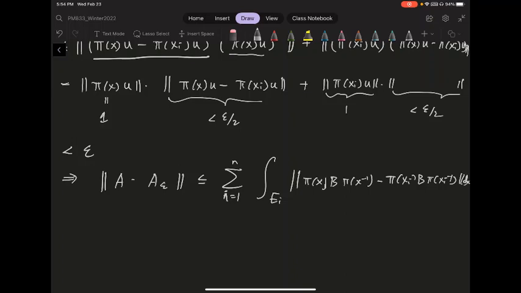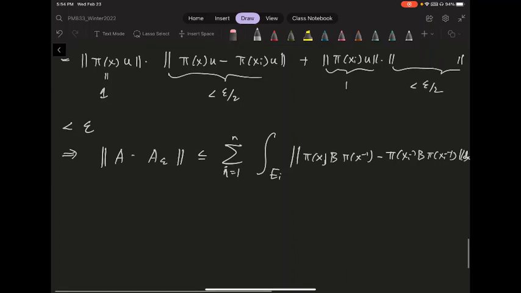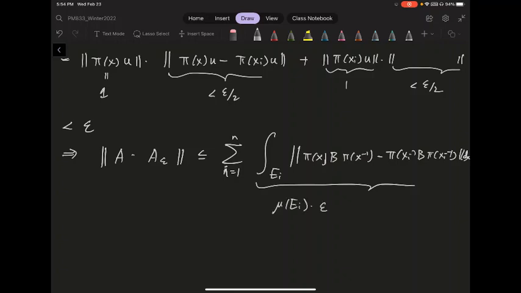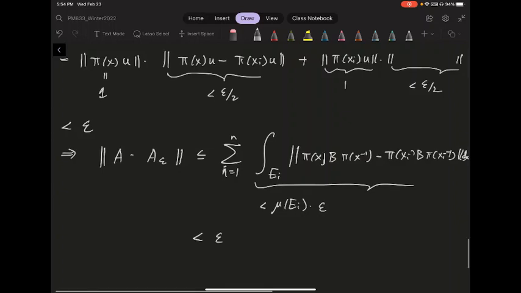And each of these operators has norm less than or equal to epsilon, and if we normalize G so that the left Haar measure is equal to 1, then you just integrate. So each one of these is essentially just equal to μ(E_i) times epsilon, less than that. And you sum them up, it's going to be less than epsilon. The summation of μ(E_i) is just μ(G), which we can always normalize to 1. So they're less than epsilon.